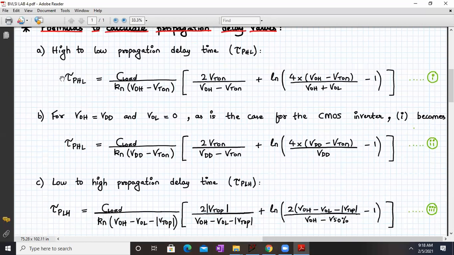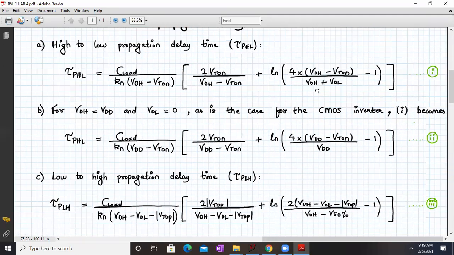So we have the high to low propagation delay time given by this formula, equation number 1. That will be C load divided by Kn into (VOH minus VT on), the whole into [2 VT on upon (VOH minus VT on) plus natural log of (4 into (VOH minus VT on) divided by (VOH plus VOL)) minus 1].